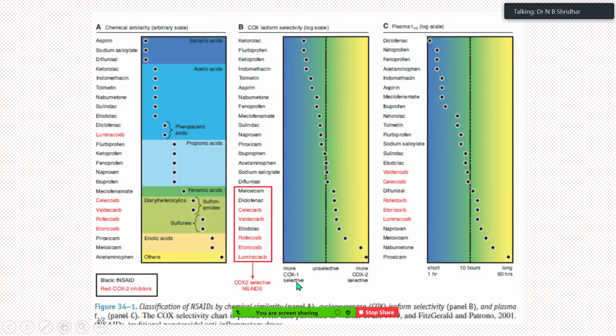In this first half you can see more COX-1 activity. The drugs spotted here have more COX-1 selective activity, and if you come to the right side, then these are the more selective COX-2 inhibitors. So ketorolac, then flurbiprofen, ketoprofen, etc., till sodium salicylate are more selective for COX-1 than COX-2. Whereas meloxicam, diclofenac, celecoxib, rofecoxib and lumiracoxib are very specific COX-2 selective inhibitors.